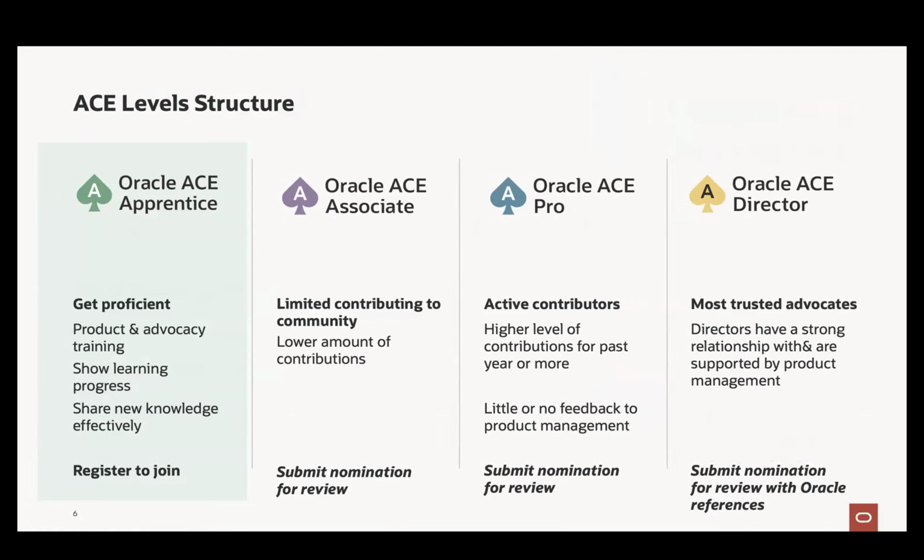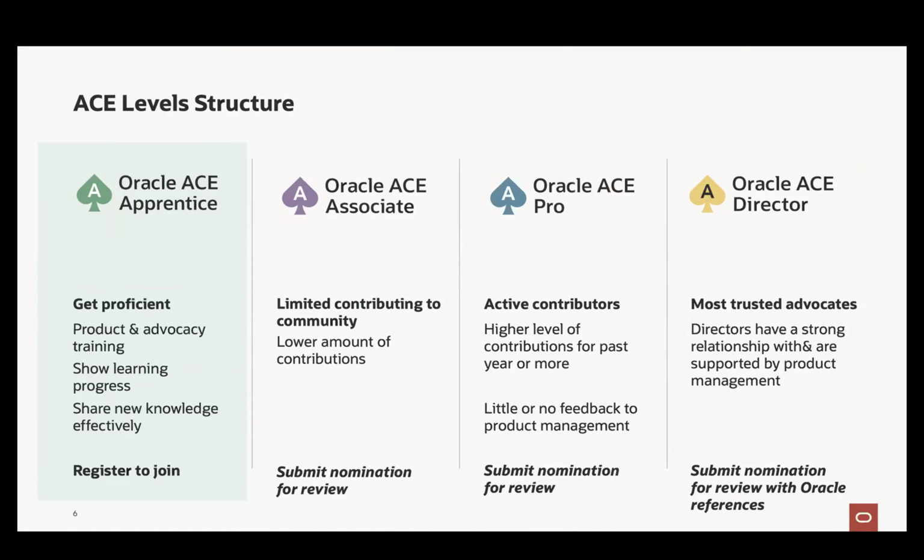But as a structure for the program, in case you're not really familiar, we used to have three levels: Associate, Pro, and Director, as you grow into the program and as you have more expertise. And now we're also bringing this extra pre-level, the level before, where, as I mentioned, you have the opportunity to become proficient in sharing advocacy, in sharing what you know, in helping the community.